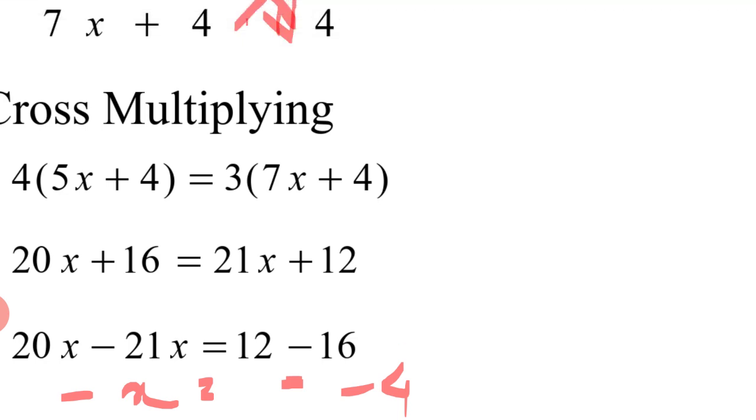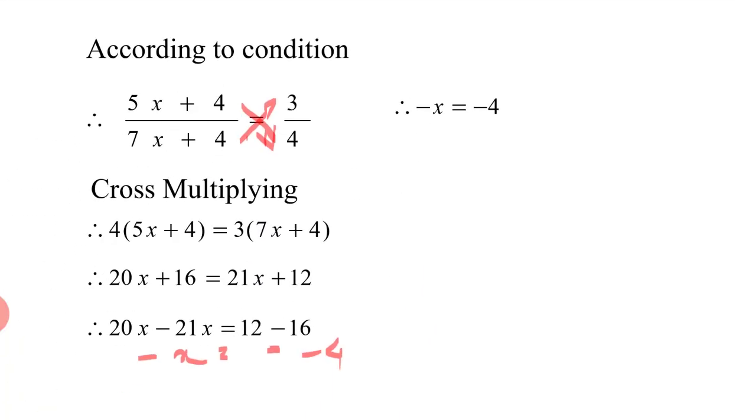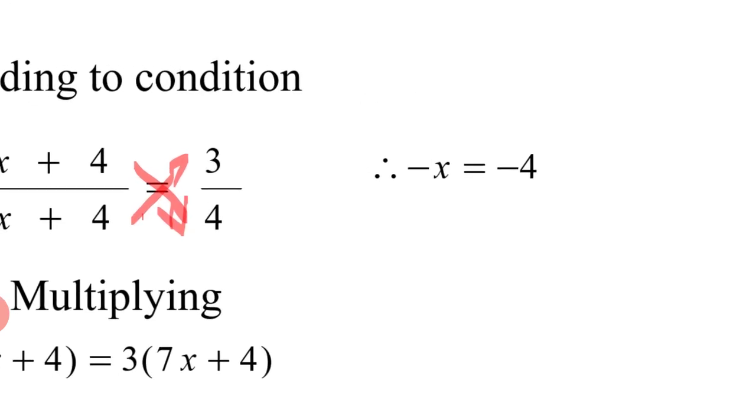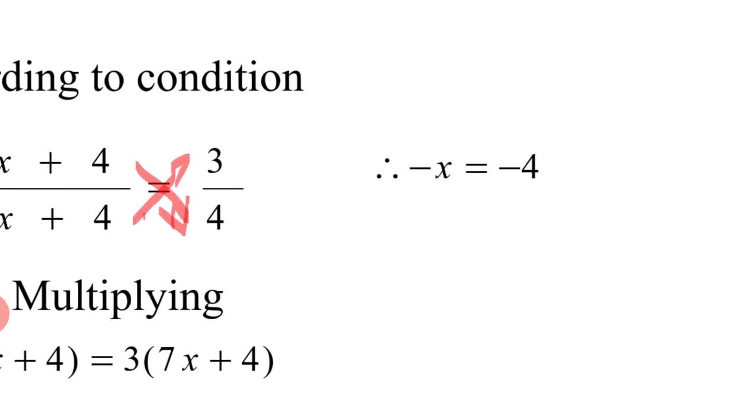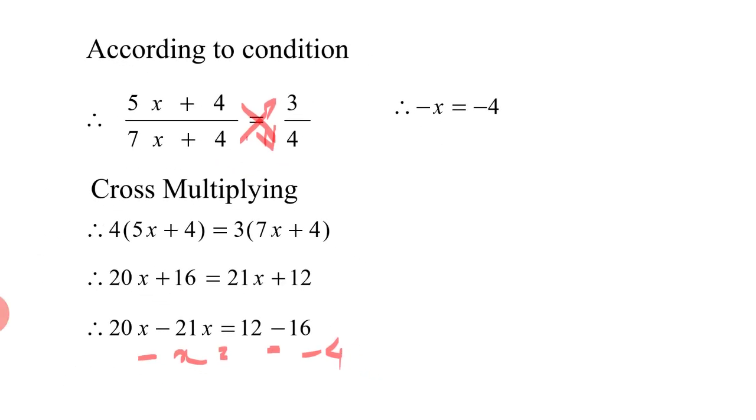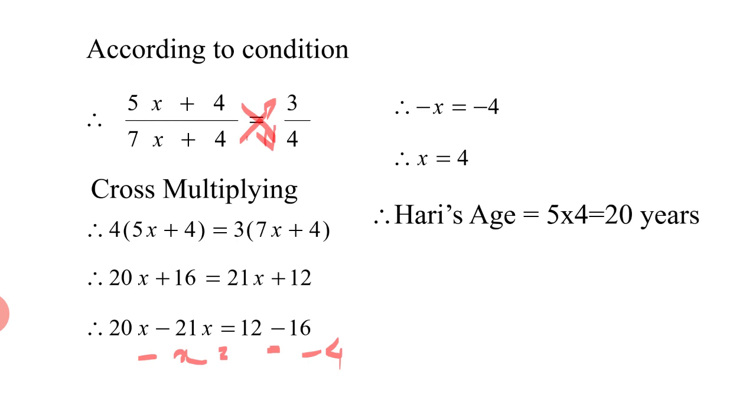So let us go for the next step. Here we have already obtained that minus x is equal to minus 4. So what is x? Multiplying both sides by minus 1, or cancelling the negative sign, you get x is equal to 4. Now what is x here? X is the multiplier. So Hari's age will be 5 into 4, 20 years, and Harry's age will be 7 into 4, that is 28 years.